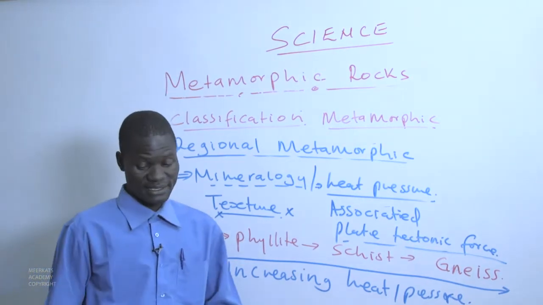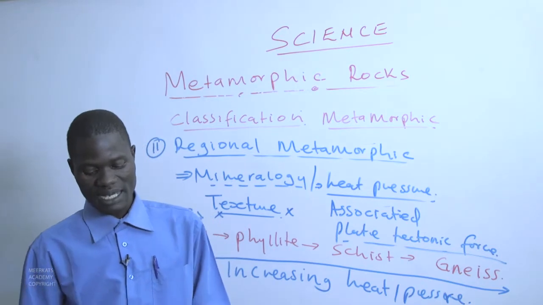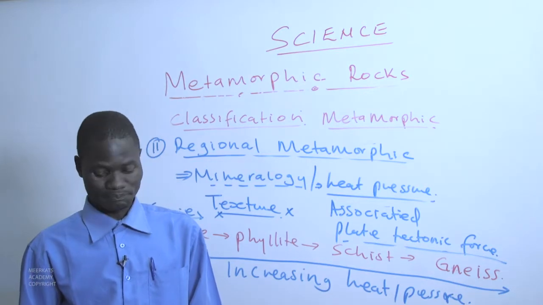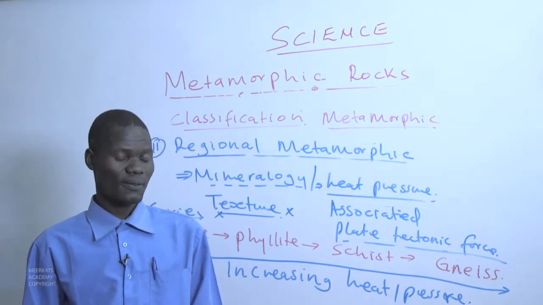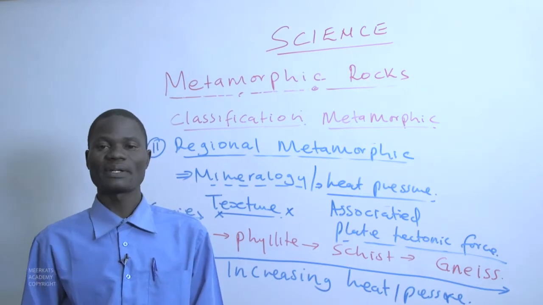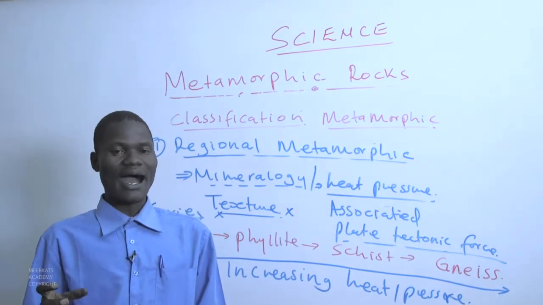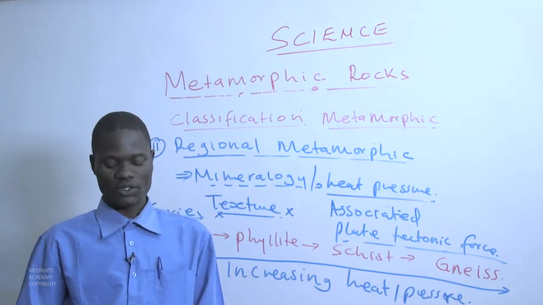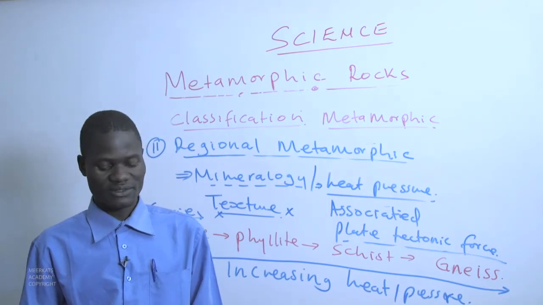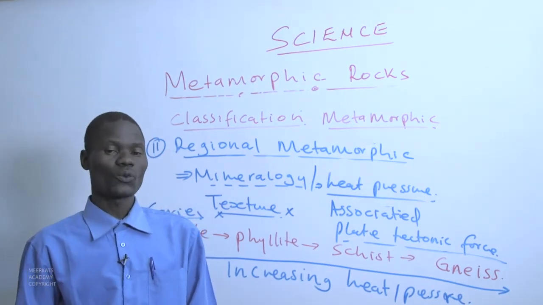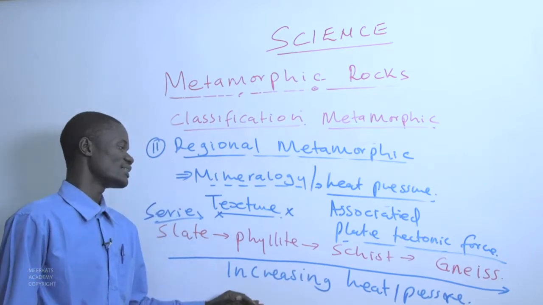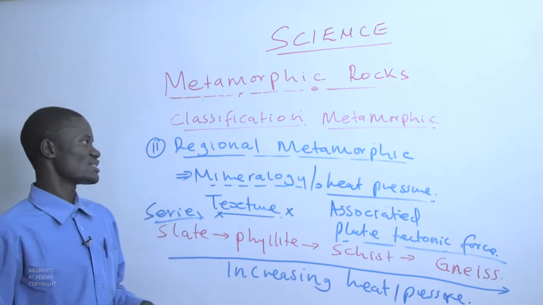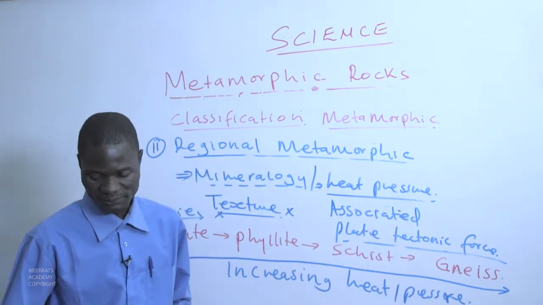I'll mention also that regional metamorphism can be described and classified into metamorphic zones, the zones where temperatures and pressures have remained constant in the process of orogenic terrain, and that will make them very unique, and therefore giving us a new class of metamorphic rock that is known as regional metamorphic.